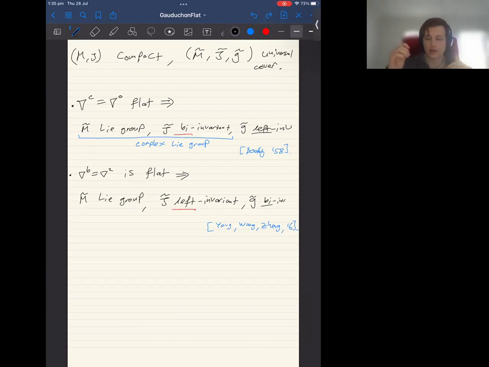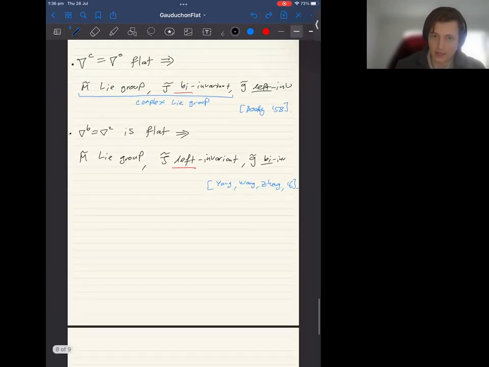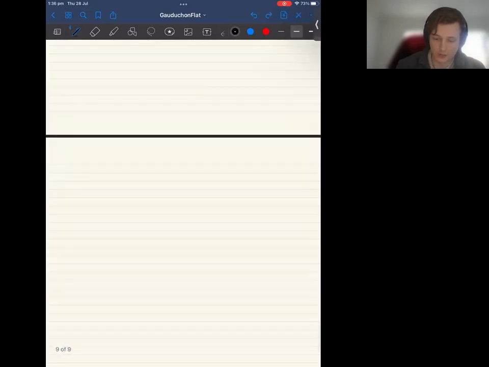So one can imagine, if we have some other Gauduchon connection, so some other connection on this line being flat, how's this going to interplay, right? This complex Lie group structure and this bi-invariant metric, it's probably going to be quite rigid, okay? Before I get to that, I want to be able to state the main conjecture we were looking at.